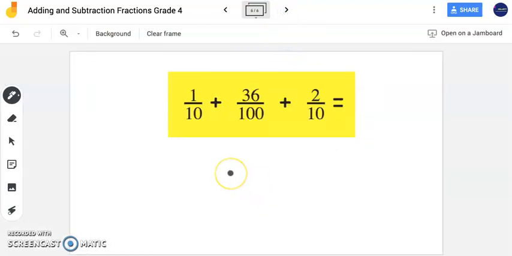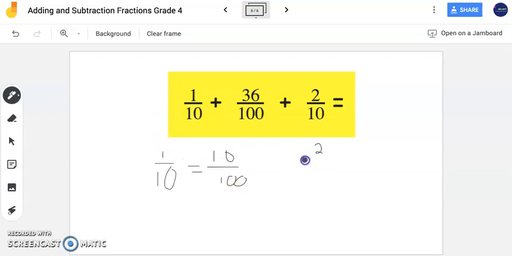In this problem here, we have 3 fractions, but we're going to follow the exact same methods. Now here I have 1/10, 36 hundredths, and 2/10. My goal is to change all these denominators so they all are 100 before I start adding. I know that 1/10 is equivalent to 10 hundredths, and I found that by multiplying my numerator and denominator both by 10.